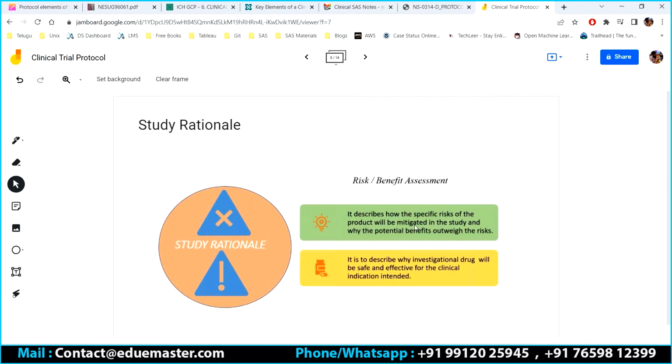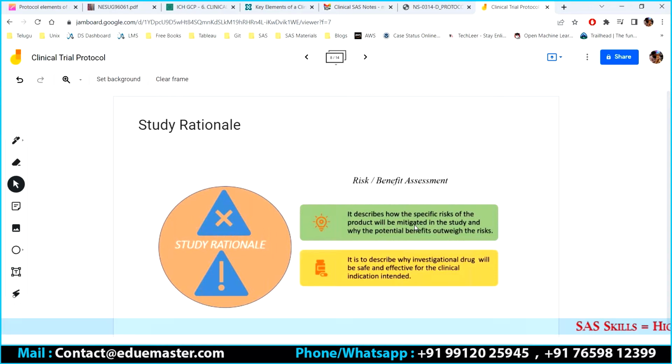Correct? So we need to understand this, because if you are not able to mitigate the risk, it is not safe enough. If you remember, the primary reason for carrying out clinical trials is to understand and measure the safety of the subject.